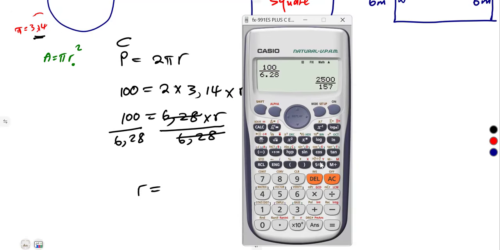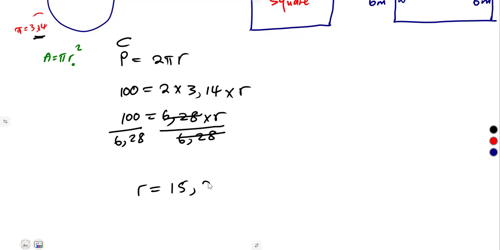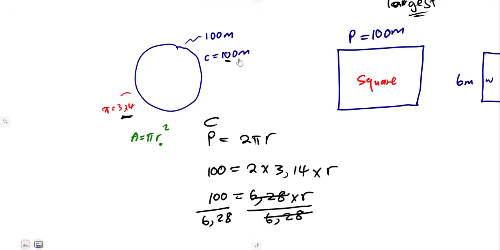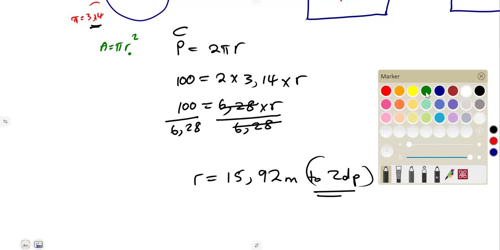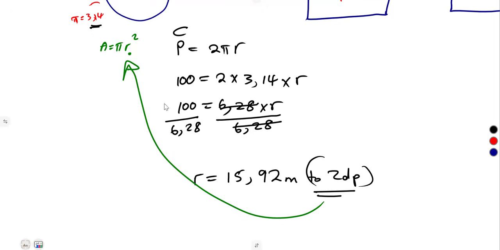You have to press this SD key again until it gives you the rounded off value. So it's 15.92 meters. Our radius is 15.92 meters to two decimal places.